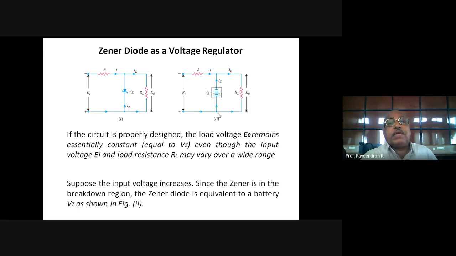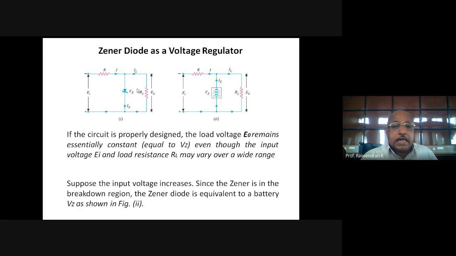The Zener will be decreasing the Zener current when a load resistance variation is occurring, or when there is a change in load current. Whenever there is a change in load current, the Zener will have a tendency to decrease the Zener current in order to compensate this increase in load current, so that I will be made constant, so that IR will always be constant, which maintains the voltage E0 constant.